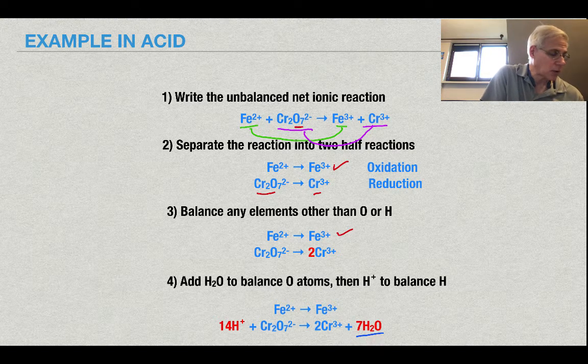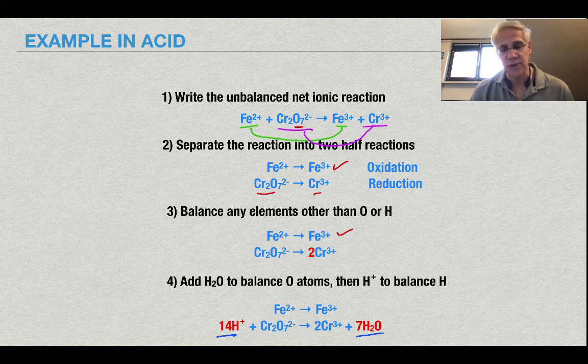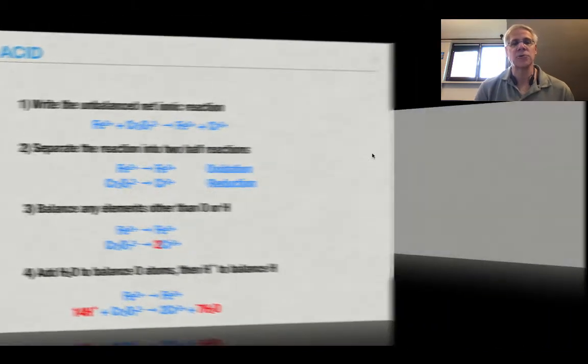And so in order to balance those, I have to add 14 hydrogens in the form of H+ on the other side. And so now as far as atoms, I've got 1 iron and 1 iron on the top. On the bottom, I've got 14 hydrogens and 14 hydrogens, 2 chromiums, 7 oxygens, and 7 oxygens. So we are now mass balanced on both sides. We're going to take that and go to the next slide.